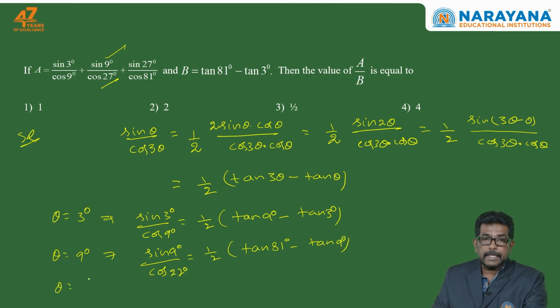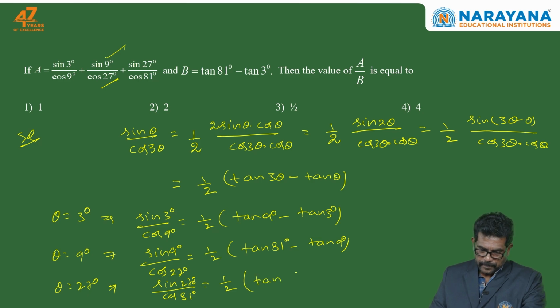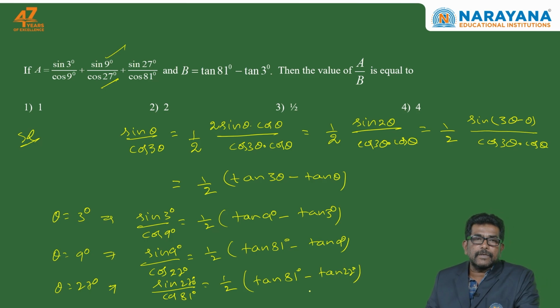When we are applying theta is equal to 27 degrees for the last one, we get sin 27 degrees upon cos 81 degrees is equal to 1 by 2 times of tan 3 theta, that becomes 81 degrees, minus tan 27 degrees.